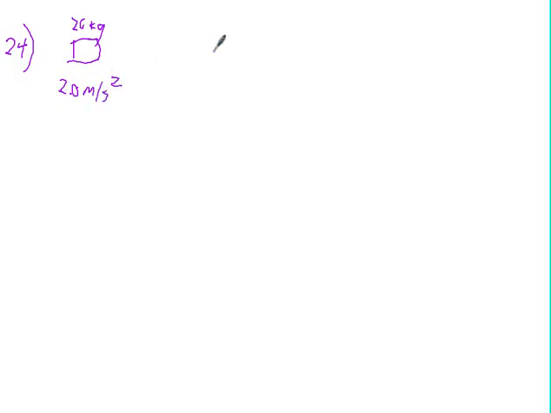This other object is 30 kilograms with the same force. What's one way you could do it? Acceleration equals force over mass. I like that. You could just do what you know: acceleration equals force divided by mass.